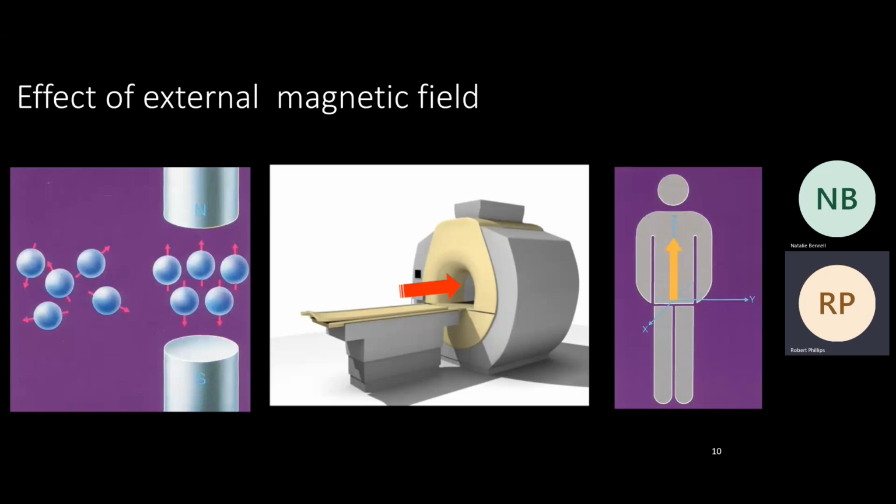And this weak magnetization is used to create the image in MRI.